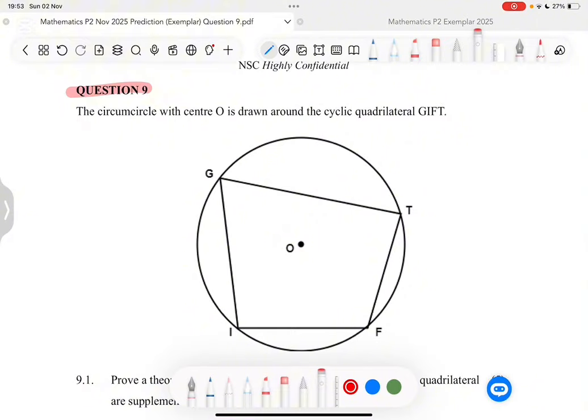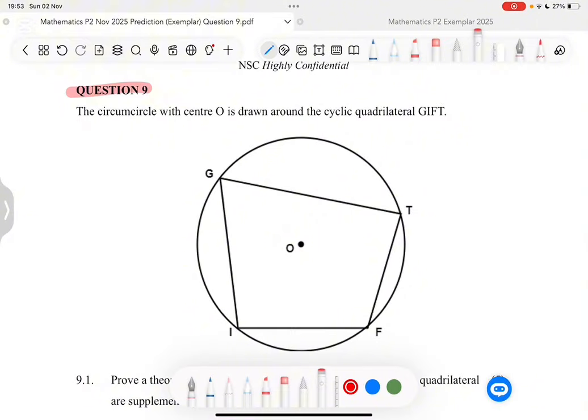Then the very first question says to prove a theorem which states that the opposite angles of a cyclic quadrilateral are supplementary. I believe that we know this theorem at this stage. This theorem simply says that if I take this angle and I add to that angle, I should get 180 degrees, meaning they are supplementary.